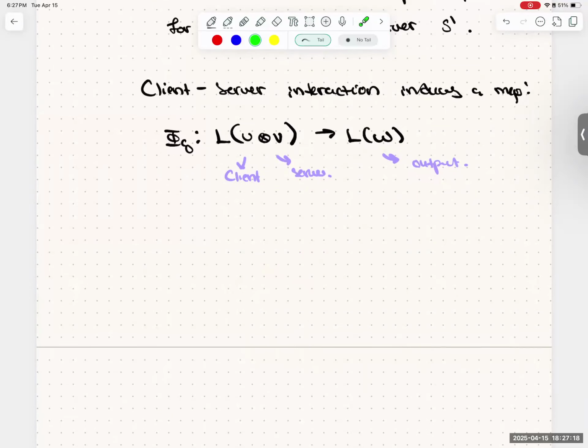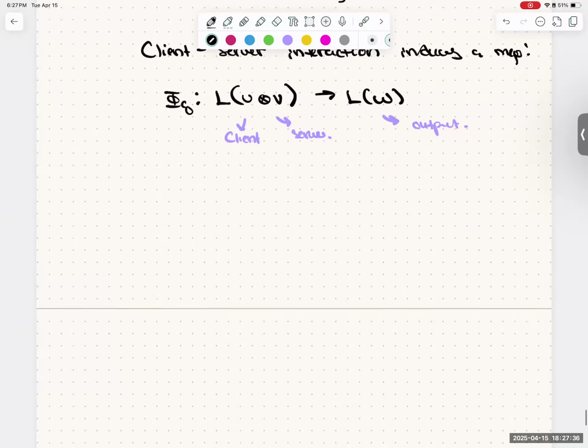Formally, this is what it means for the client and server to interact, and for the server to try to extract some information from this process. You have a map like this. I think that's fairly general.